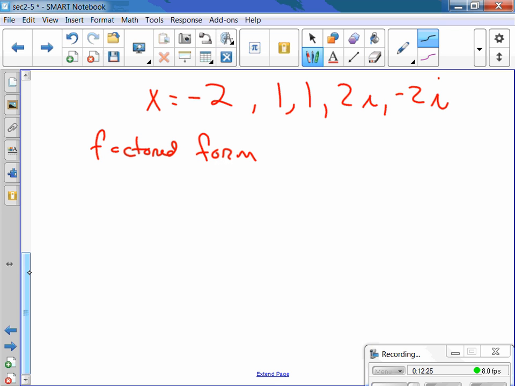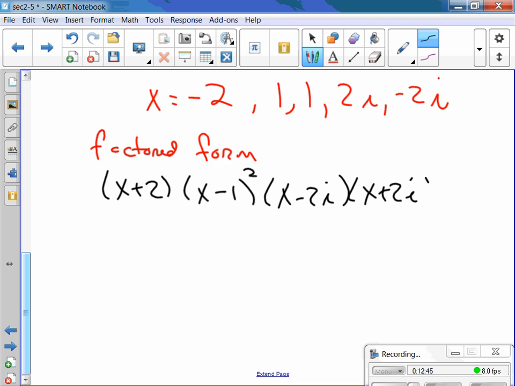So x minus negative 2, x plus 2. For my 1s, there I have it in factored form. This particular problem asks us to find the zeros, which we have right here in the red, but sometimes you do need it also in factored form.